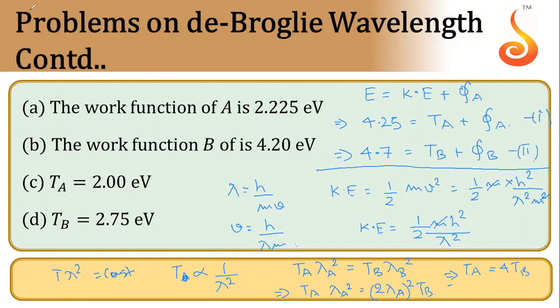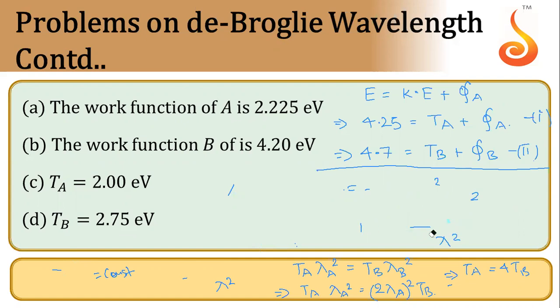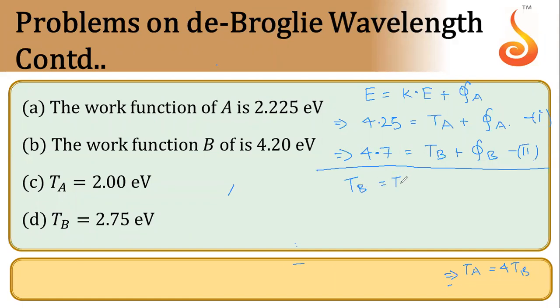Next, now one more relation was given between Ta and Tb, and that relation is Tb is equal to Ta minus 1.5 electron volt.